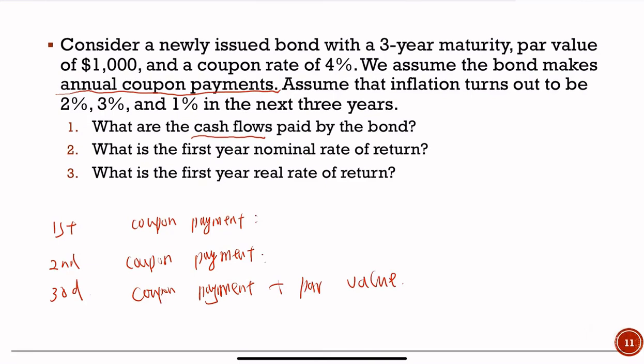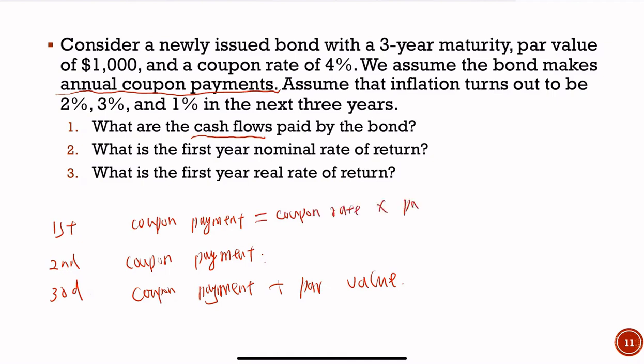Now, obviously, coupon payment equals coupon rate times principal. We know this, so we should use coupon rate times par value. Now, we could see that the coupon rate is, oops, 4%. So we could use 4% here.